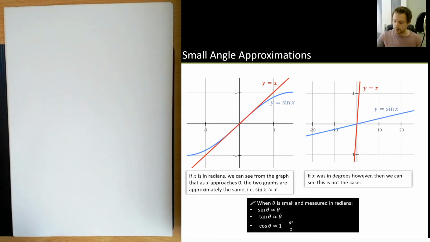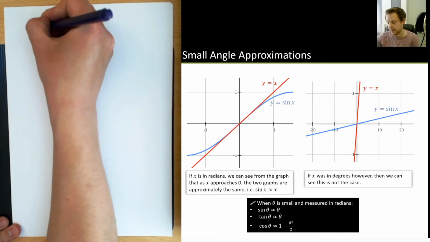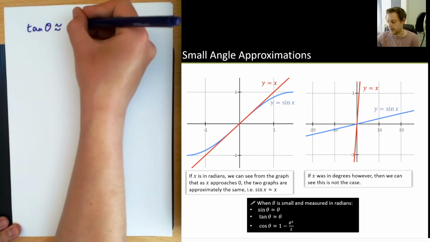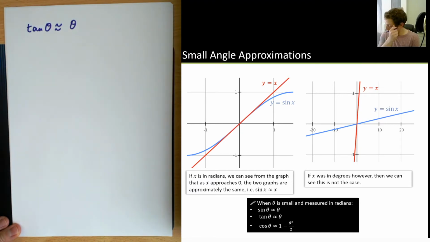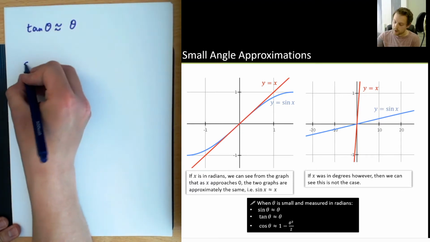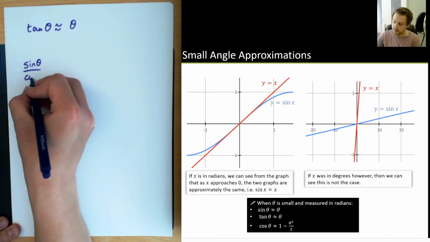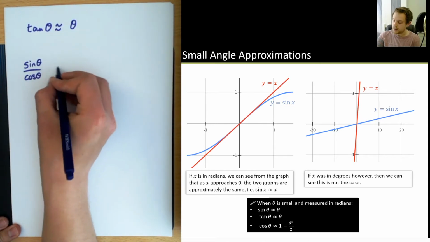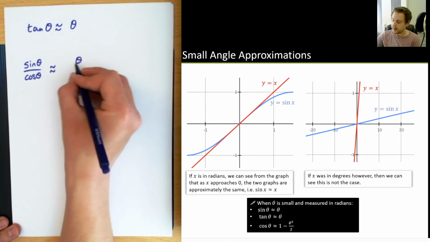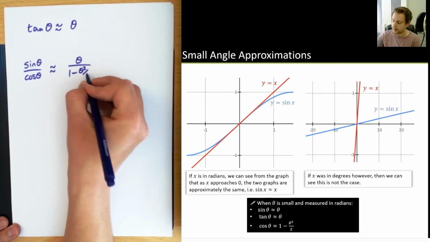And then the last one is just that tan theta is approximately theta. And essentially, where does this one come from? Well, sine theta over cos theta is, of course, approximately equal to theta over 1 minus theta squared over 2.